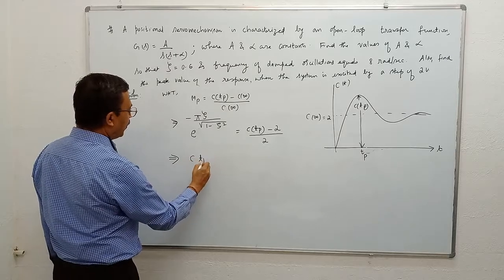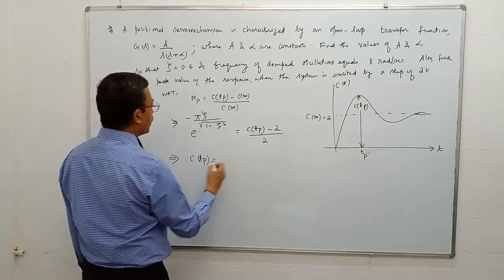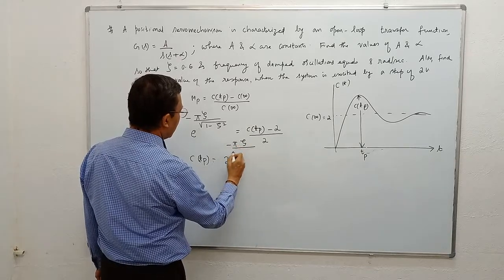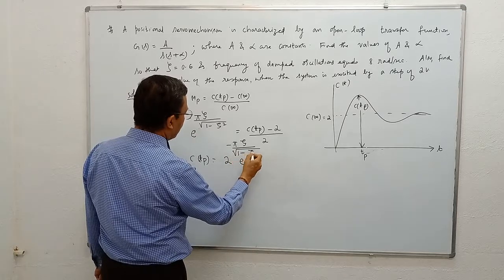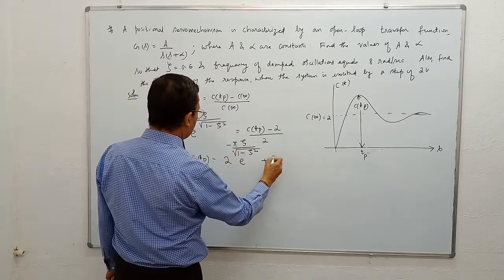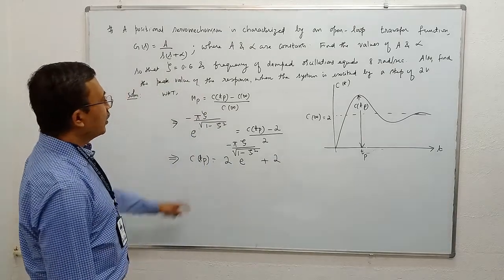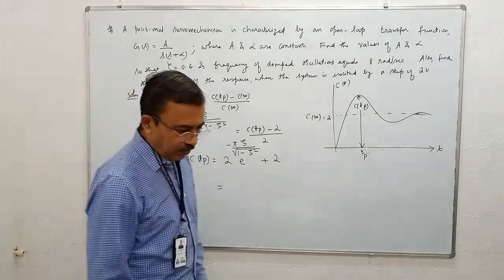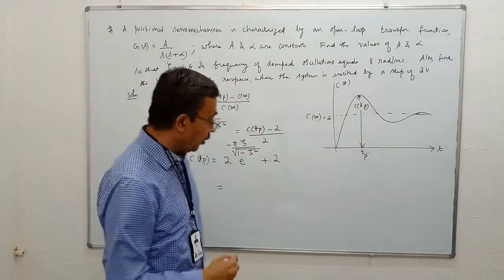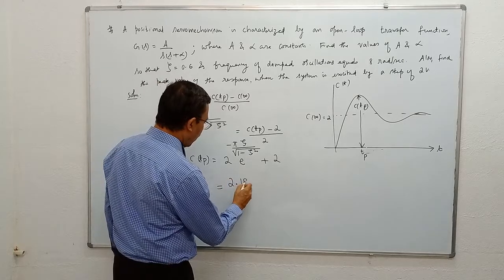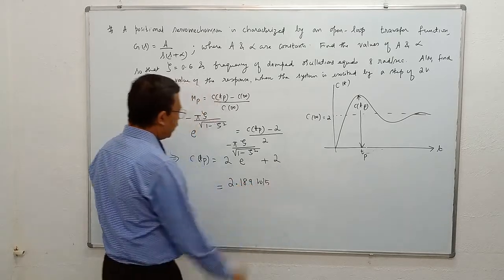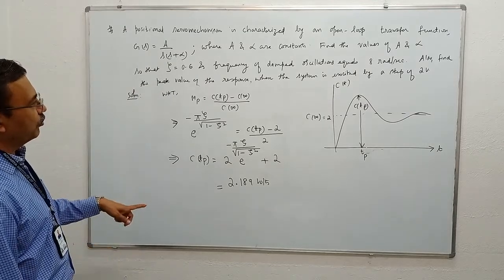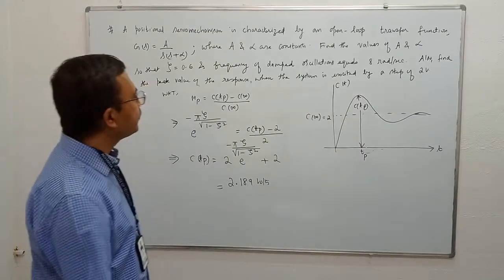So you get C of Tp is equal to 2 into e to the power minus pi into zeta divided by square root of 1 minus zeta square, plus 2. Zeta value is 0.6. If you substitute and simplify, you are going to get C of Tp as 2.189 volts. So this is how the peak response C of Tp is found.